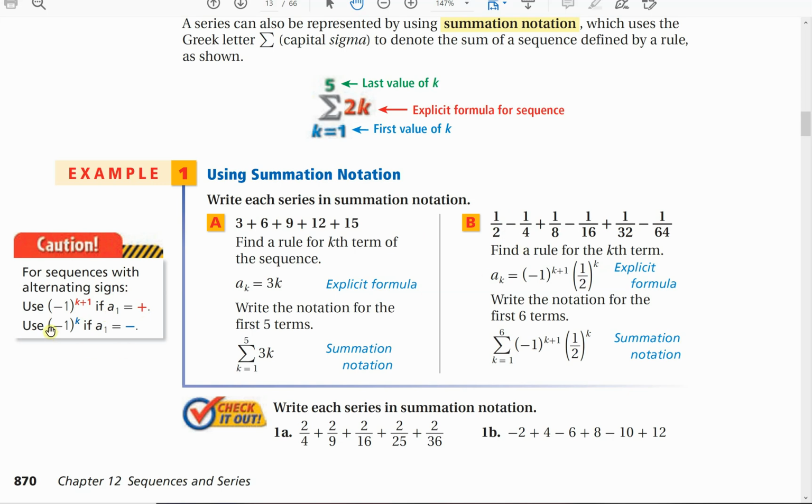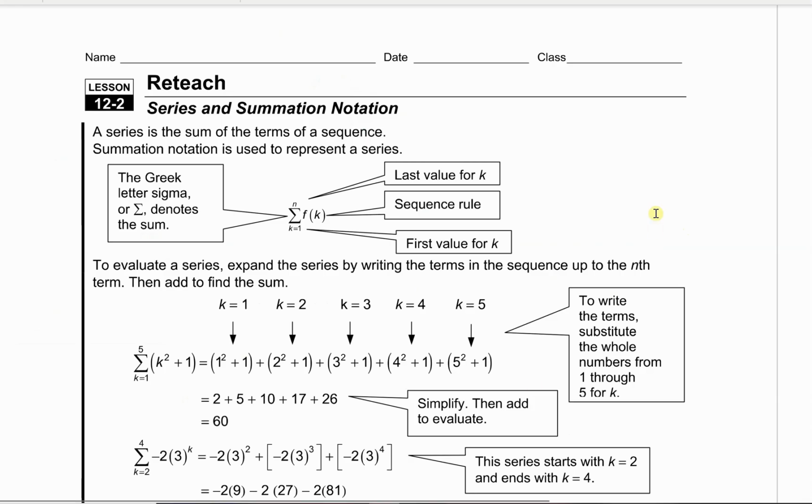And if you start with a negative, you're going to use (-1) to the k power. And that will allow us to alternate these pluses and minuses. We've got 1, 2, 3, 4, 5, 6 terms here, so we're going to go k from 1 to 6, (-1) to the k plus 1 times 1/2 to the k. So let's go over to the note sheet here.